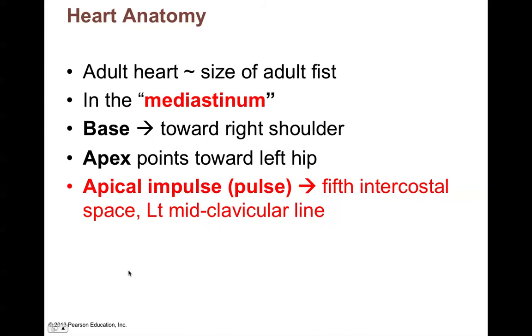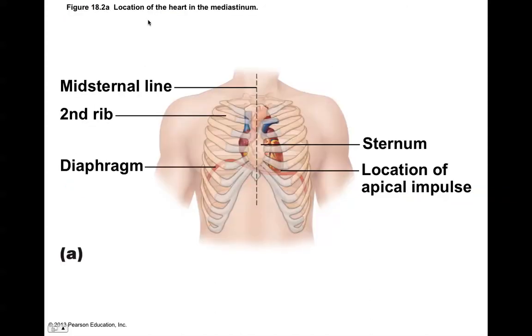And this location is the area where that impulse or pulse would be heard the loudest. And here it is, right here. So we can go down the mid-clavicular line. The clavicles are not shown, but it would be around here, and then the fifth intercostal space. So it'd be right about here. That should be the loudest area where you can hear the heart sounds.